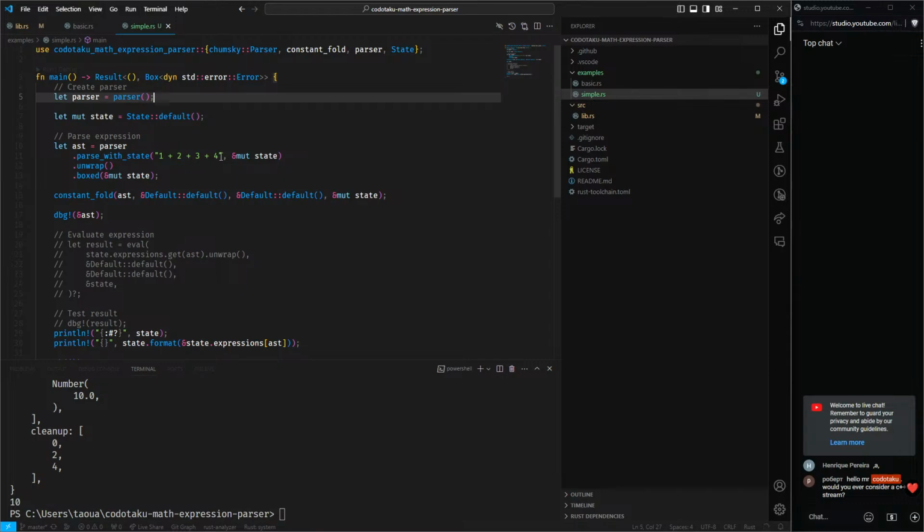But the thing is, you can have something like x plus 0, right? So you can easily just go ahead and make this into x, right? You don't need that 0. So let's do this.